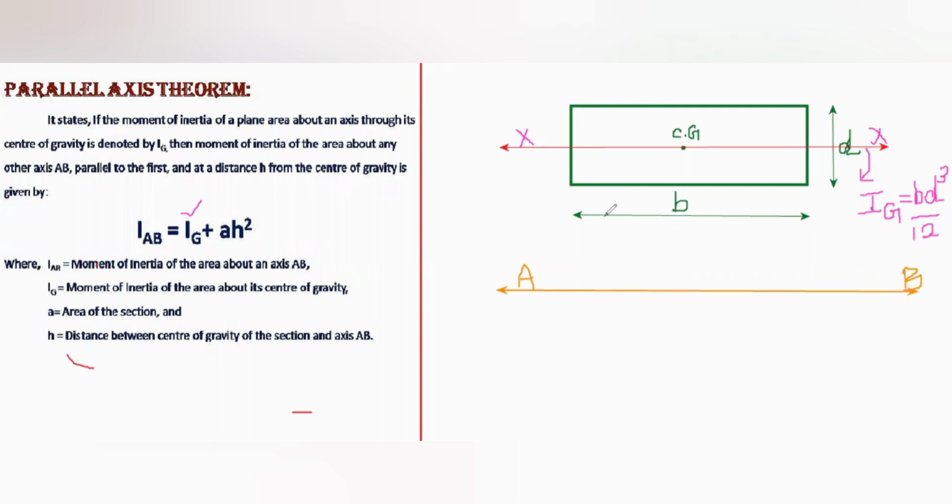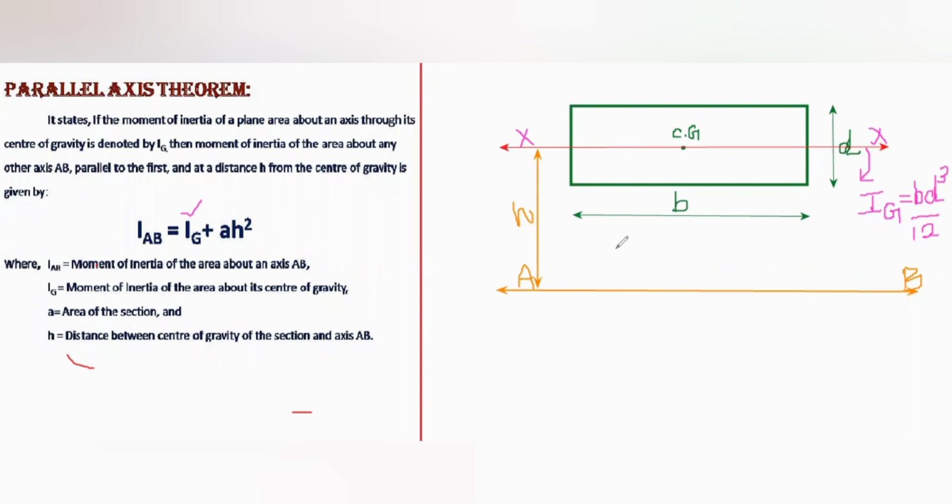These two axes are at a vertical distance h. That is the distance between the center of gravity of the section and the considered axis AB. Or we can say this is the vertical distance between these two axes.